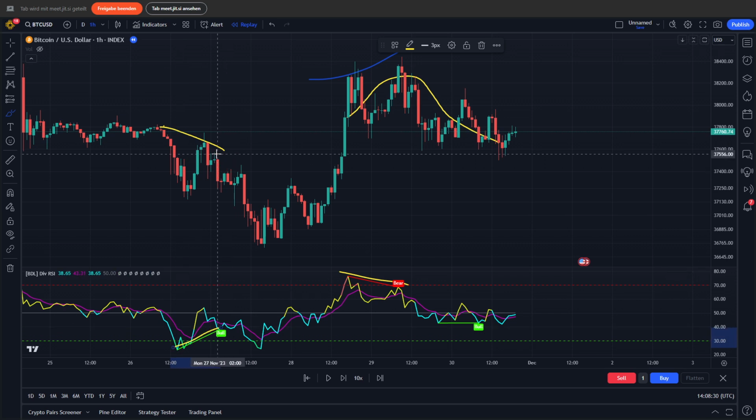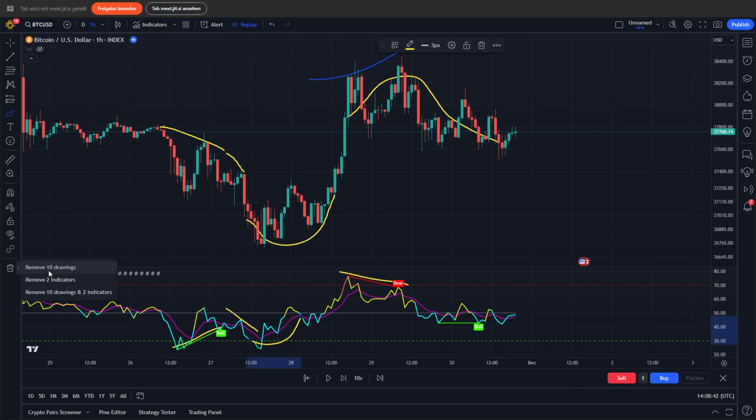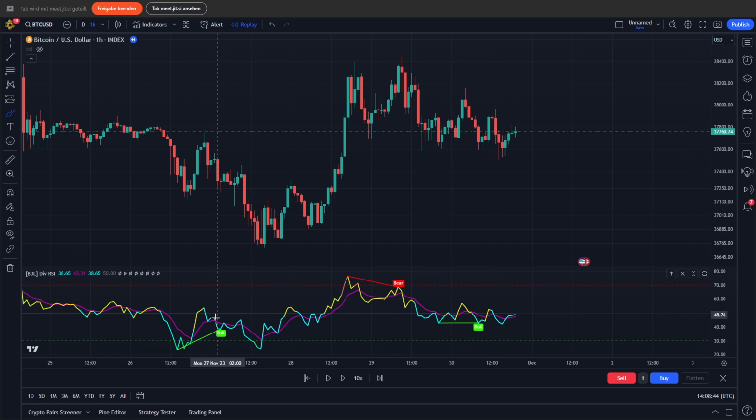So it still needed another confirmation for another reversal trend. Too many drawings, sorry for that, but you know what I mean. Here's the confirmation, and sometimes it takes a bit more confirmation to really turn into the reversal trend, right?